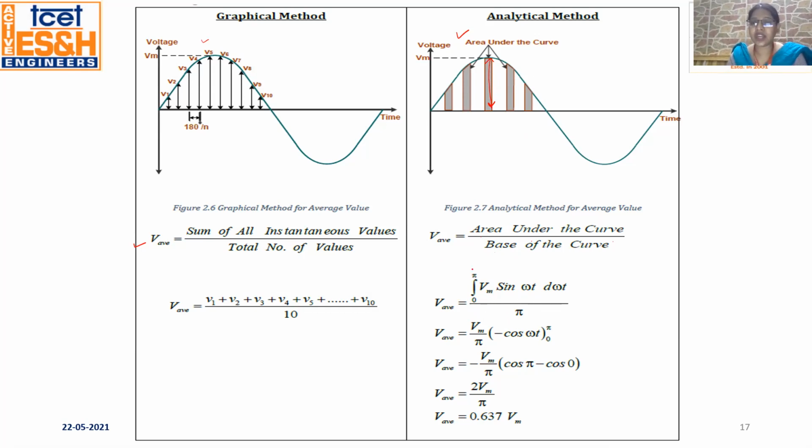When you integrate this, you get Vm by pi, the integration of sine is cos omega t, with limits 0 to pi. When you put the limits, cos pi and cos 0, you get V average equal to 2 Vm by pi. So it is nothing but 0.637 Vm.